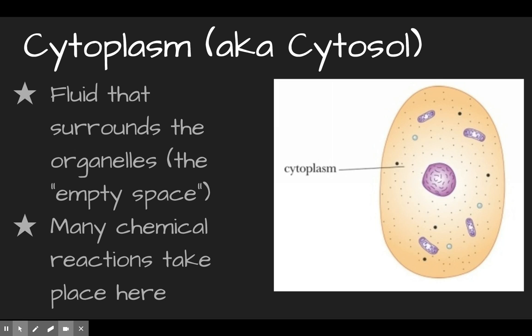That is what all of the other organelles are suspended in. And it's not just something that organelles are suspended in, it's also where many chemical reactions take place. So we'll talk more about chemical reactions within the cell later, but right now you just need to know that cytoplasm is kind of that empty space that surrounds the organelles.